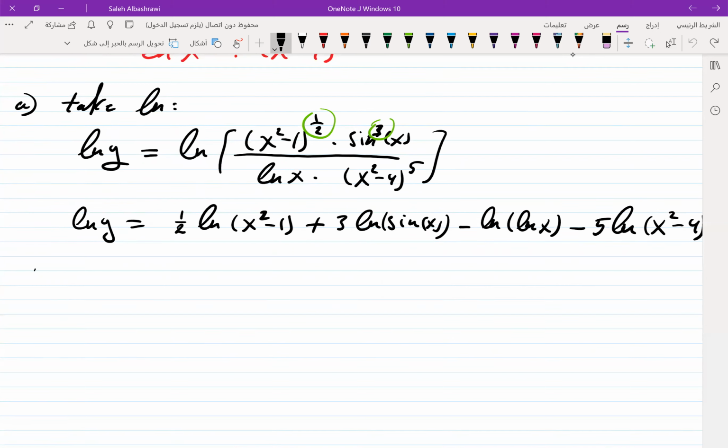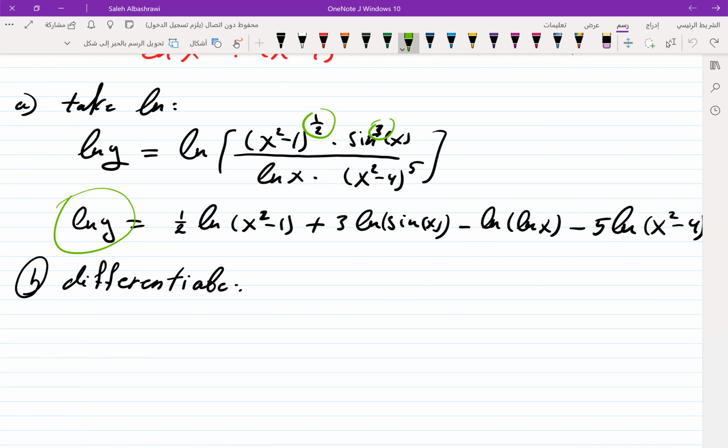Now we are going to differentiate. Don't forget, we have to differentiate the left hand side and right hand side. For the left hand side, I will have y prime divided by y equal to 1/2 derivative of ln of x squared minus 1 using the rule.